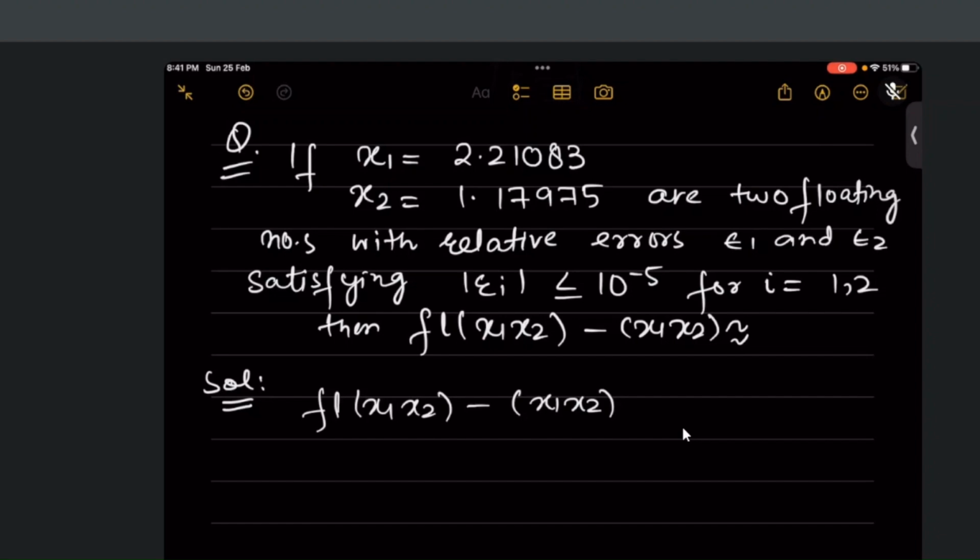You should be able to simplify this expression. Anyone? Kavita? Gifty?